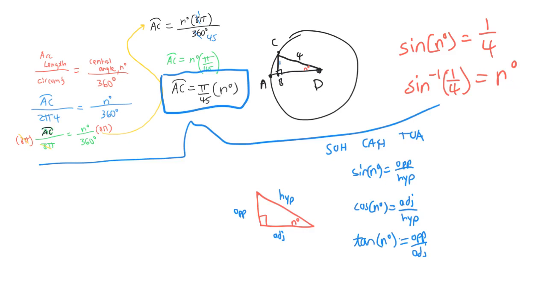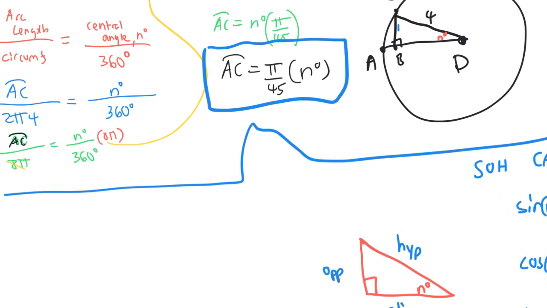You'd have to make sure the calculator is in degrees, as opposed to radians. So this actually is a number. The good news is you don't even need to know the number because the answer choice doesn't seem to care about what the inverse sine of 1/4 is.